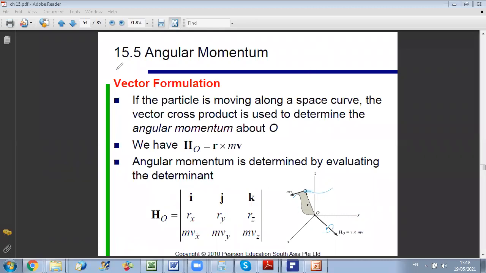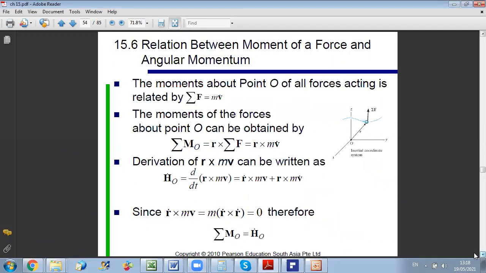Now, how we use the angular momentum in practice, we will see together. First, we will derive a relation between the sum of moments about a point and the angular momentum. If we go back to the definition of forces, the summation of forces is equal to the mass times the acceleration a.